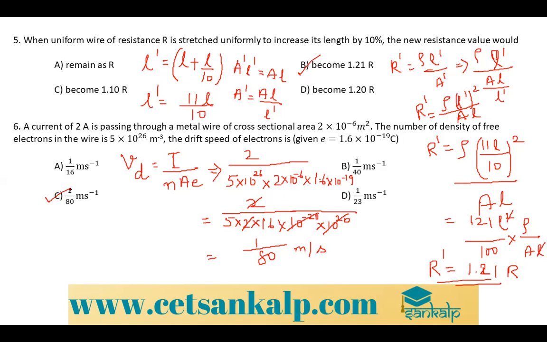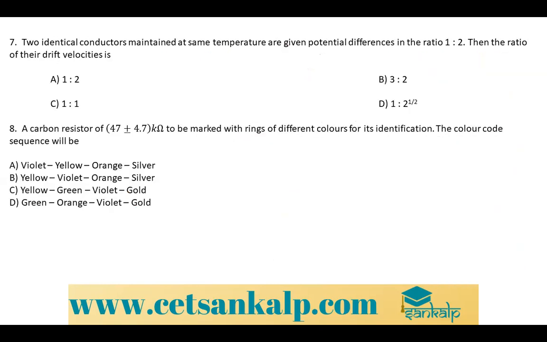You are clear, right? Okay. So the next one: two identical conductors maintained at the same temperature are given potential differences in the ratio 1 is to 2. Then the ratio of the drift velocity?